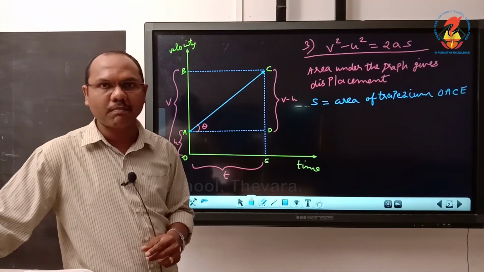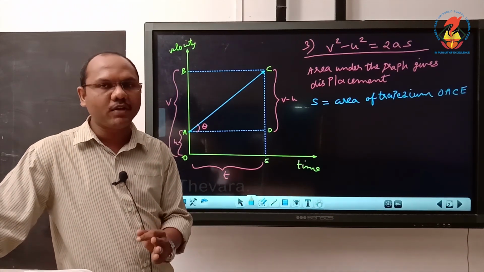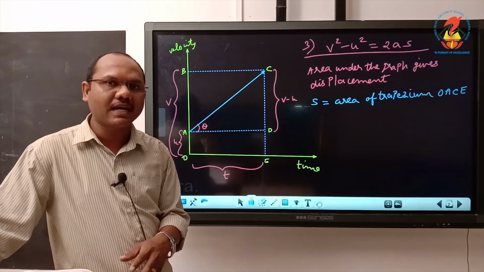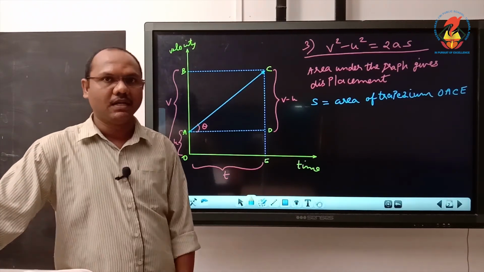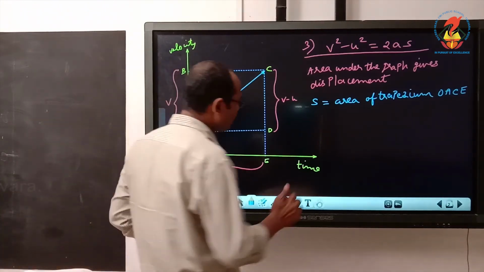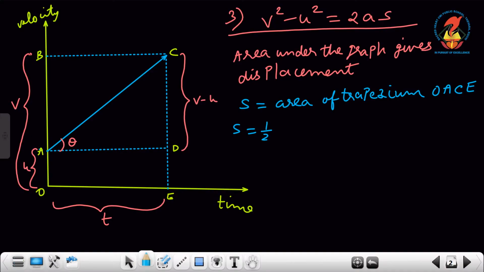Half H into A plus B. That means half into sum of the parallel sides into the perpendicular distance between the parallel sides. So S is equal to half into sum of parallel sides, that means CE plus OA, those are the two parallel sides, into distance between the two parallel sides, that means OE.